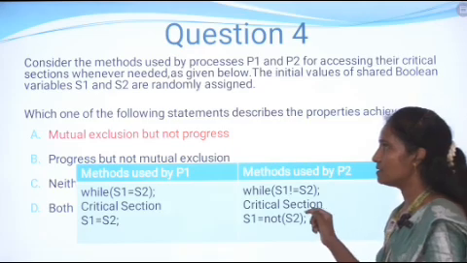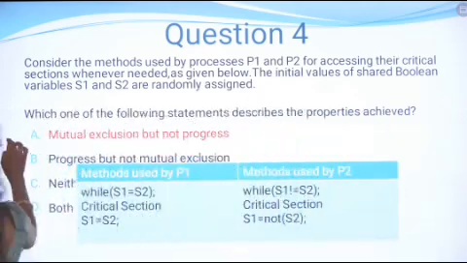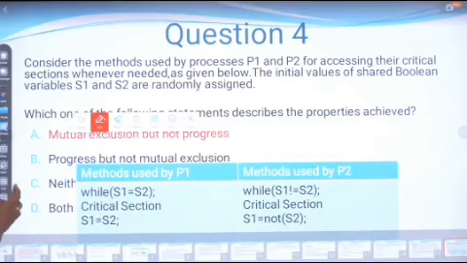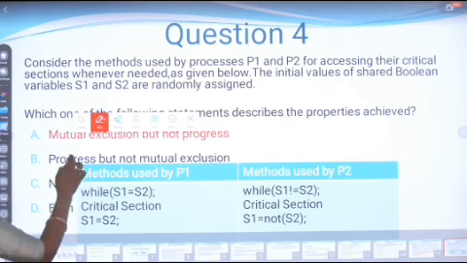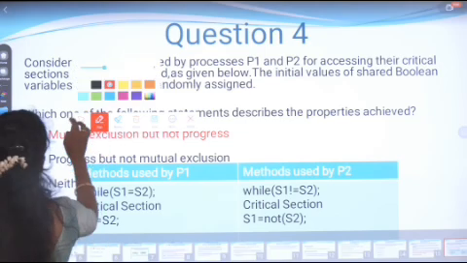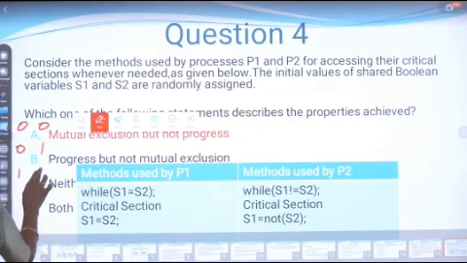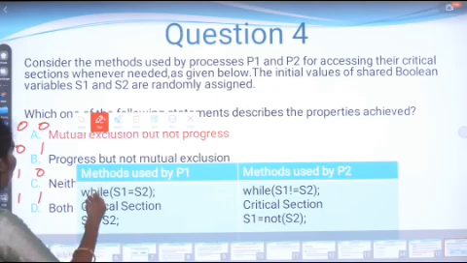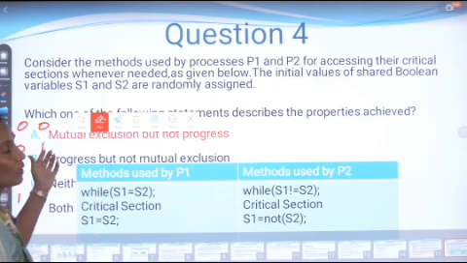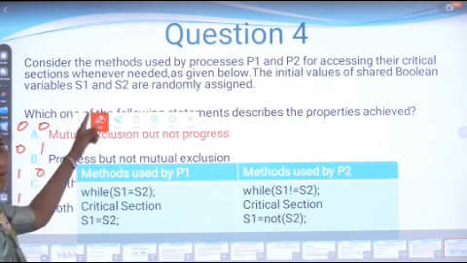The Boolean values assigned to the variables S1 and S2 can be 0, 0; 0, 1; 1, 0; 1, 1. So these are the options for Boolean values for the shared variables S1 and S2.